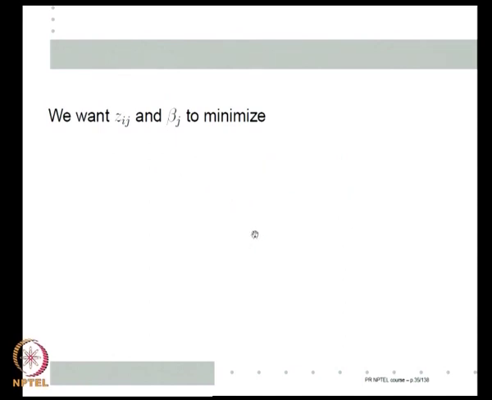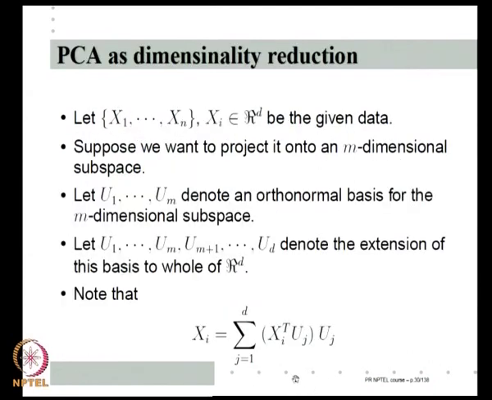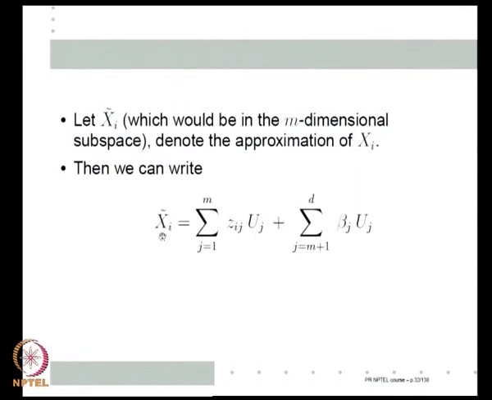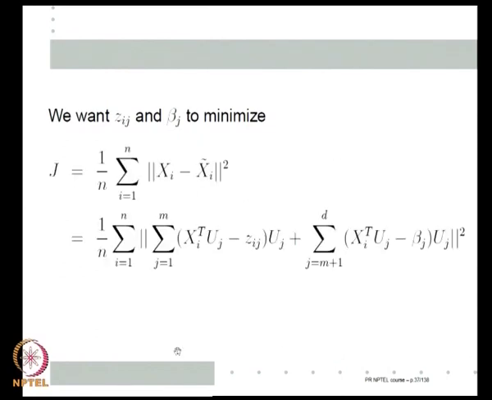Now, we know that xi is given by xi transpose uj, whereas xi tilde is given by zij uj up to m, and from m plus 1 it is beta j. So, if I want xi minus xi tilde, up to m, xi has xi transpose uj as the coefficient and xi tilde has zij as the coefficient.